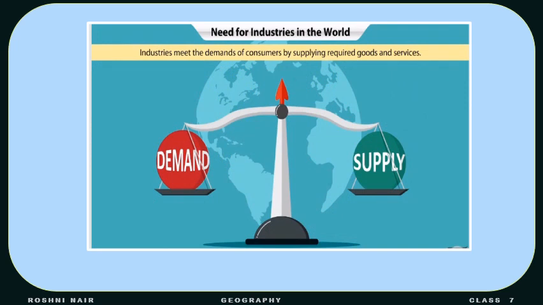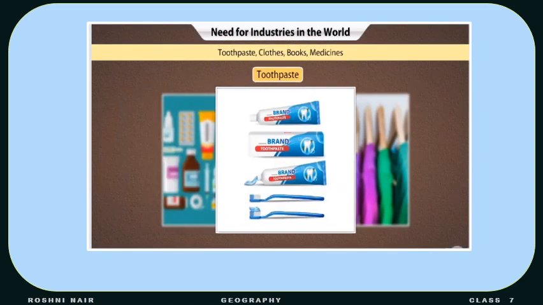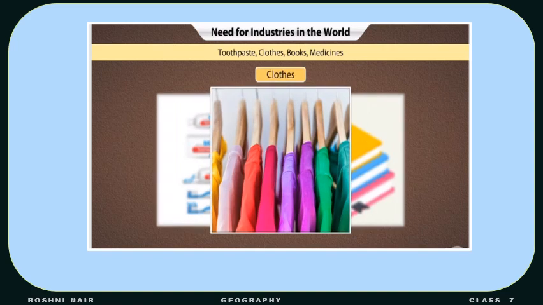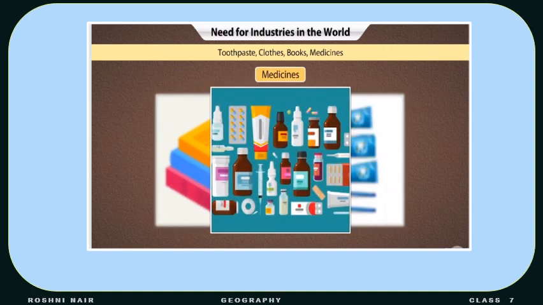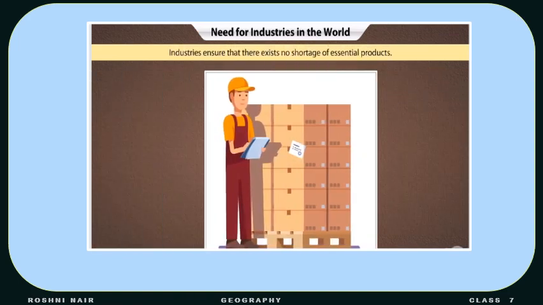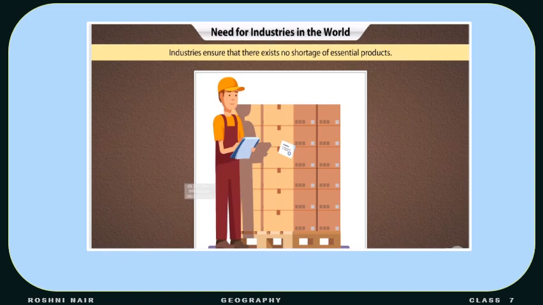Industries meet the demands of consumers by supplying required goods and services. Several basic products such as toothpaste, clothes, books, medicines, etc. are manufactured and supplied by different industries. Industries are also essential to ensure that there exists no shortage of essential products for the people.